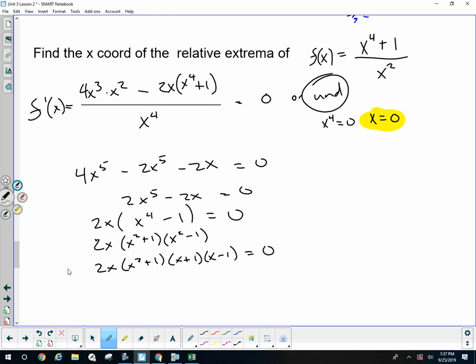I don't think it's necessary to go all the way down here. I think we will be able to work with this pretty easily, so long as we kind of understand fractions. So here we go. 0. Well, we already knew 0 was a situation we needed to worry about anyway, so that's good. Negative 1, positive 1.